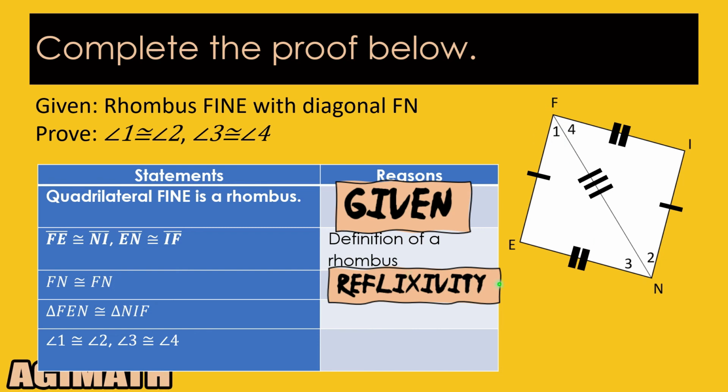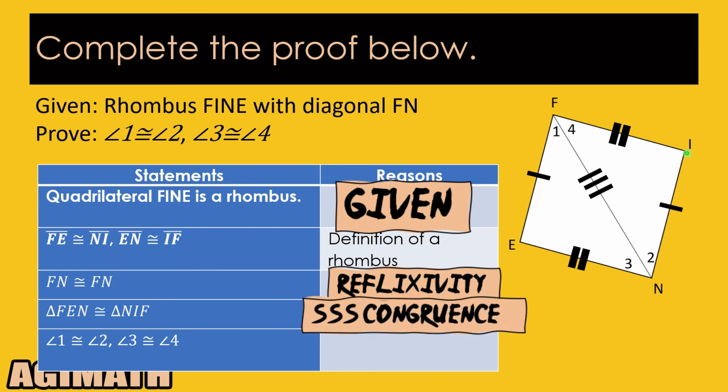So basically, if you are with me, you can see two triangles. And these two triangles are congruent. Triangle FEN, this triangle, and triangle NIF, they are congruent because of the SSS congruence postulate. The side, side, side. I think you can still remember that because that was your lesson during your grade 8 times.